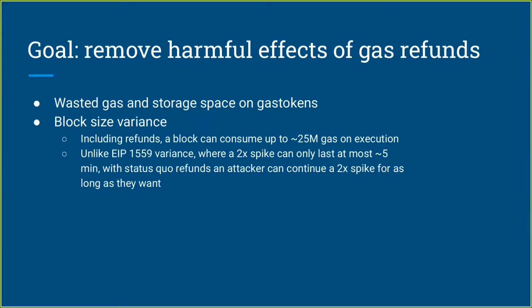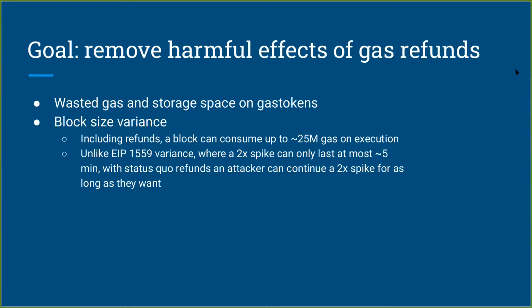So to start off, I guess we'll talk a bit about what the goals of EIP-3403 are. I think the most important goal is to remove some of the harmful effects that we've been seeing as a result of gas refunds. The main two effects that we're seeing right now: one is the gas and storage size that is being wasted on gas tokens.